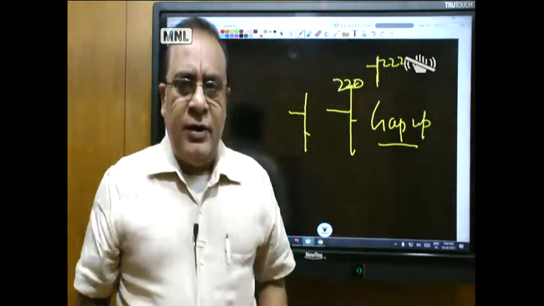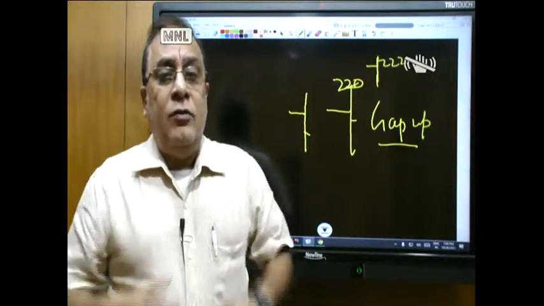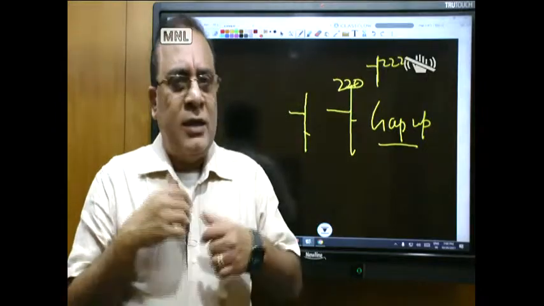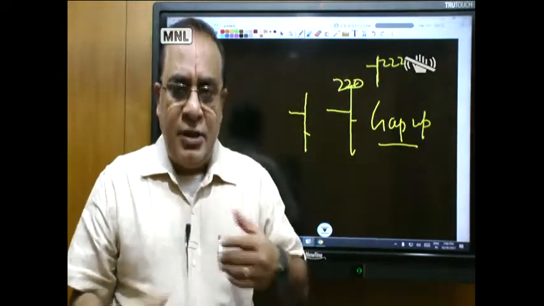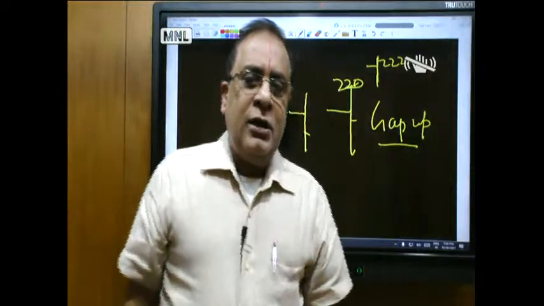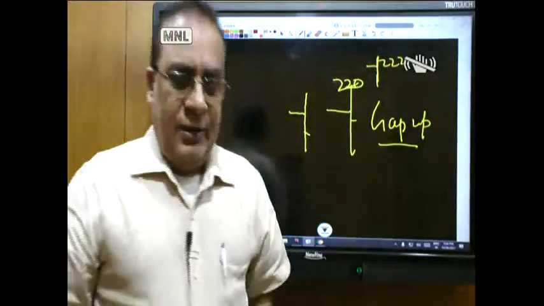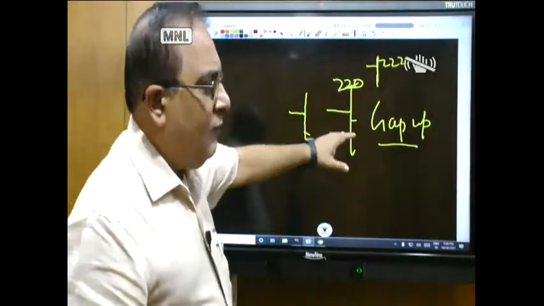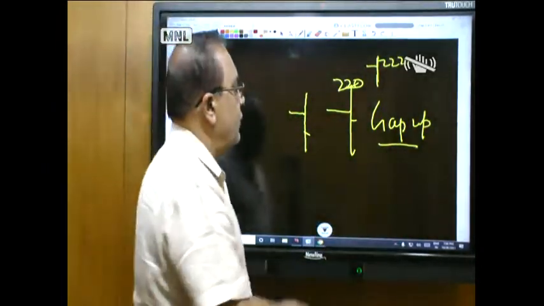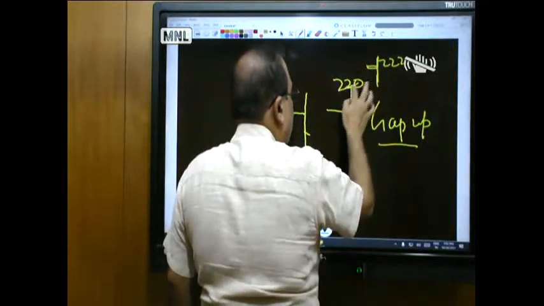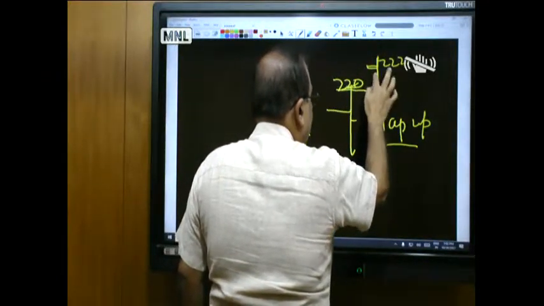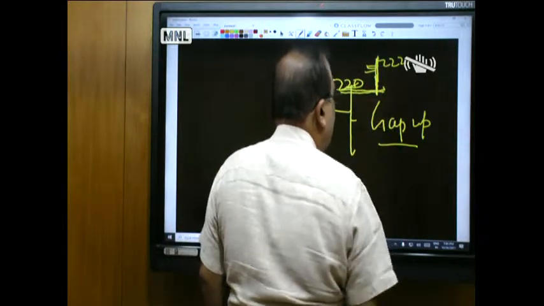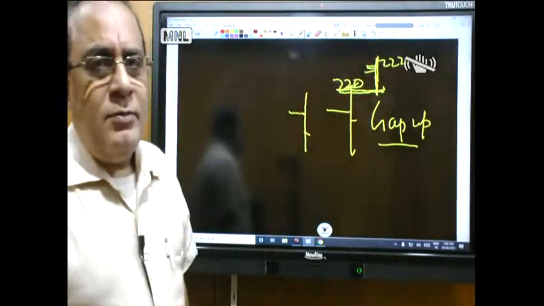A lot of retail traders jump in and decide that we should buy because overseas markets are good and the market is likely to go up. So they create some sort of buying pressure immediately. But most of the time that buying pressure does not sustain. In many cases we see that the gaps are closed. That means if the price opens at 222, it is highly probable that it will drop below the high of the previous day.